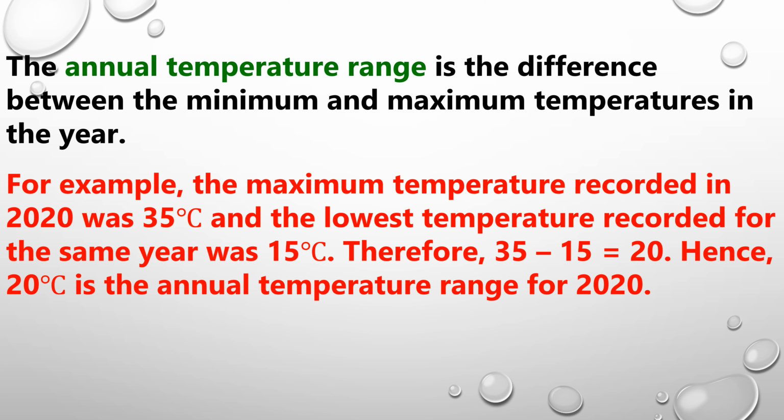This working out will actually give us 20 degrees Celsius, which is the difference between the 35 and the 15 degrees Celsius. Therefore, our annual temperature range for the year 2020 will be 20 degrees Celsius.